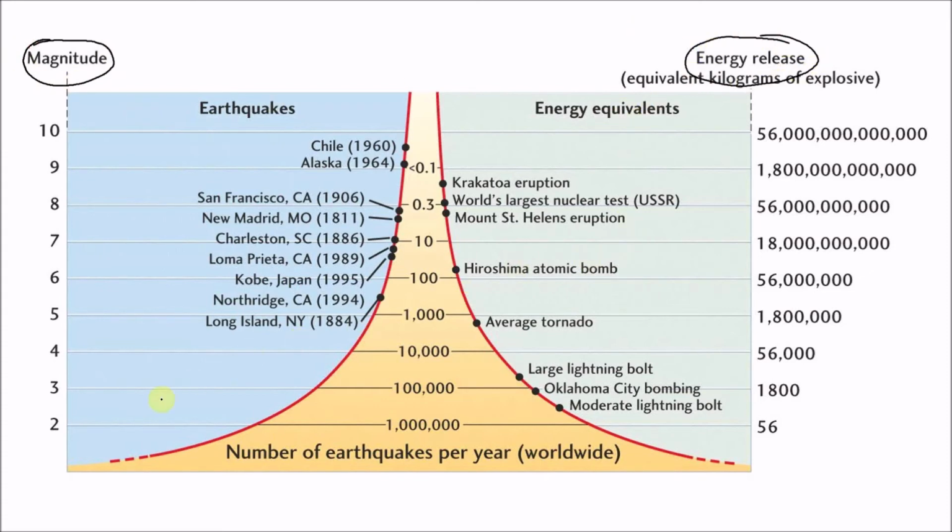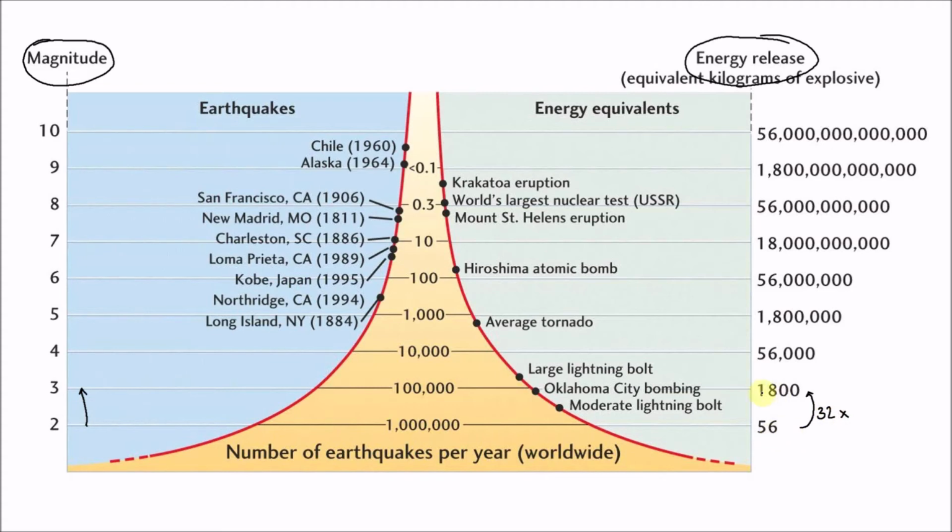So if we think about the rating on that moment magnitude scale, we can see that as we go up one of those scales here, so from a 2 to a 3, for example, we are increasing the amount of energy by 32 times.